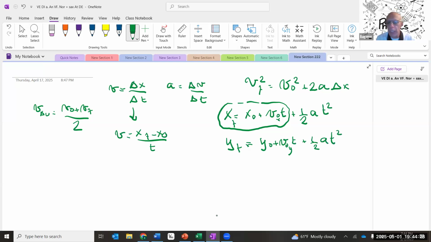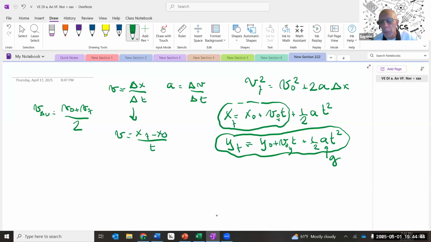In the case of projectile motion, we have this big formula here that takes into account acceleration. And of course, acceleration is the gravity. And here on the x-axis, there is no force, there's no acceleration. So these would be the 2 equations that you can calculate.